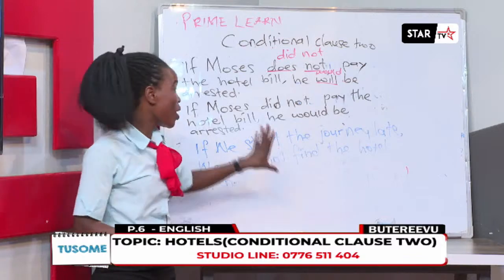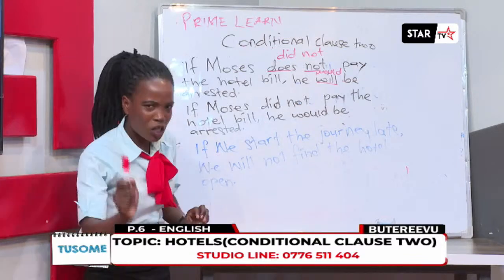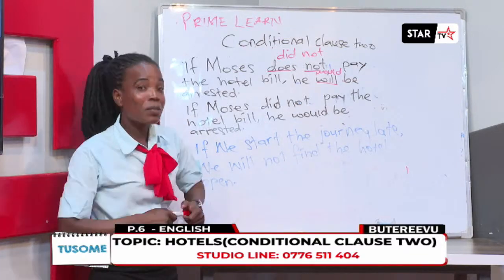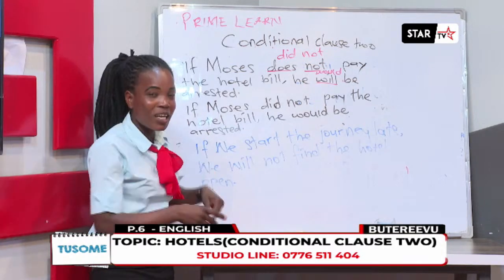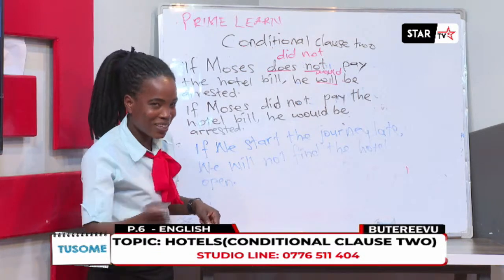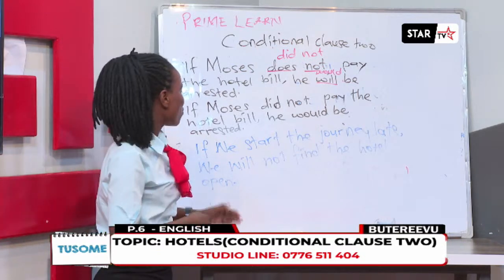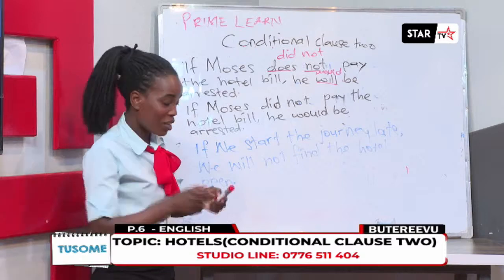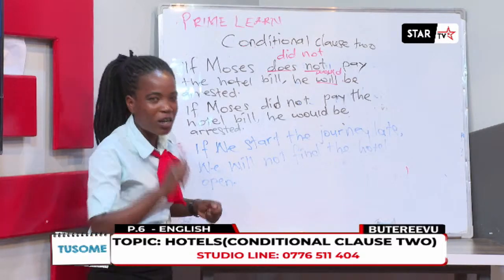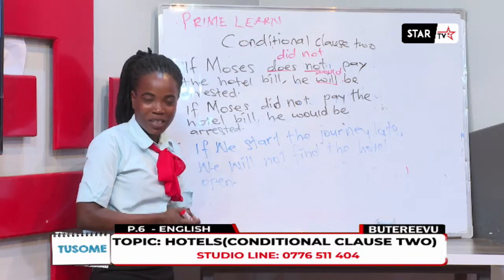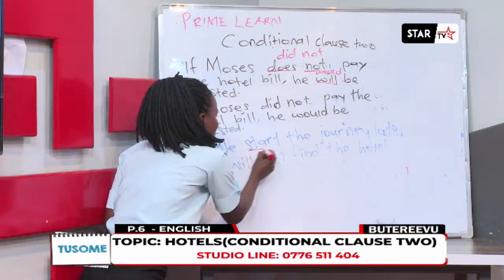But nevertheless, we are going to change this sentence to conditional clause 2, using the principles I've just given you. We have to express the if clause in the simple past tense. Then we shall express the main clause in the past future. As I've just told you, the first thing you should do, identify the verb given to you in the if clause, and that verb is "start".